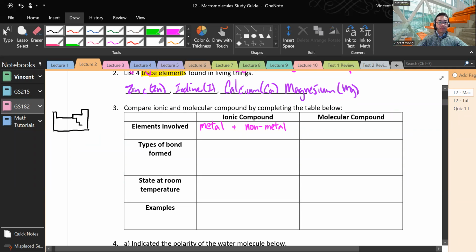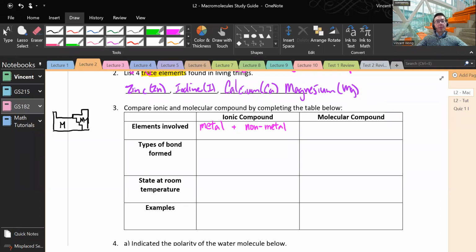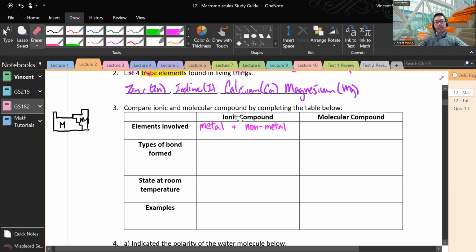The stuff to the left of the staircase are the metals, and the ones on the right of the staircase, we're going to call non-metals. So ionic compounds involve taking a metal, combining with a non-metal, and the bond that you get in an ionic compound is an ionic bond.